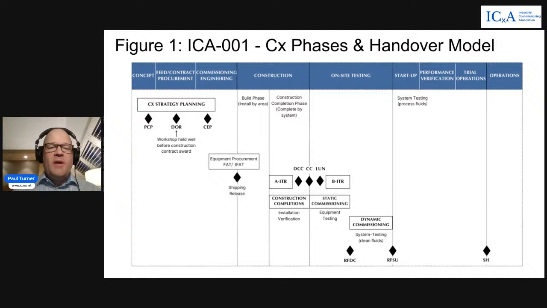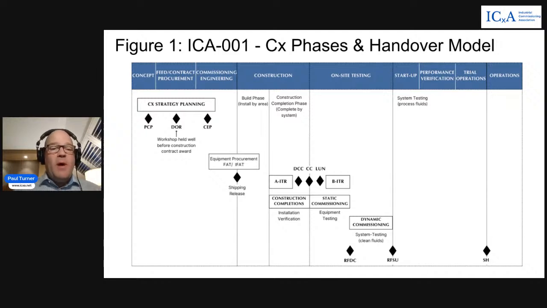These are checklists done by the construction groups and quality groups to verify correct installation as part of construction completions. Any activities that are required for flushing or Megger testing, point-to-point testing, any of the smaller testing activities that are part of the installation sequence, those are included in our AITRs as well, as we're leading up to construction completion.